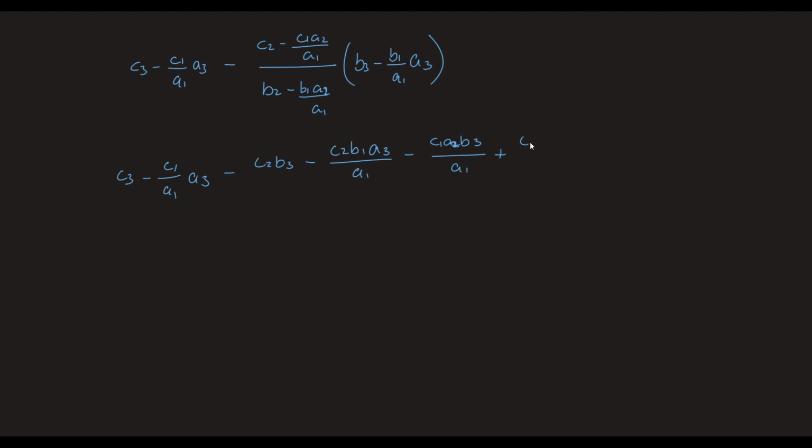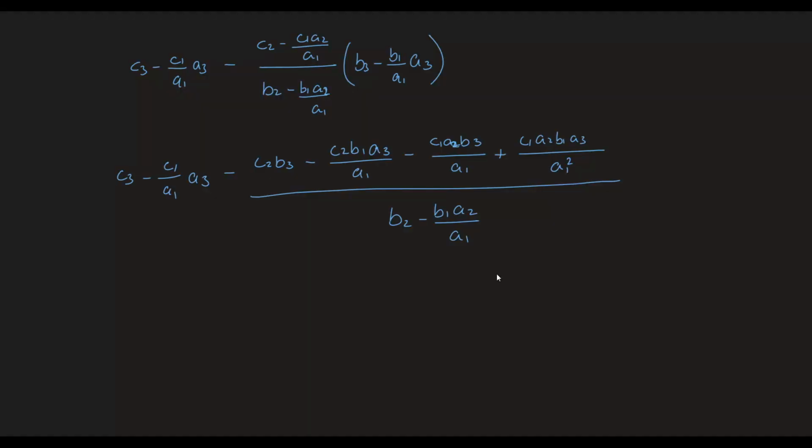Double check that's right, yeah. But we've also got A1 and A1 here, so now it's going to be over A1 squared instead of just A1. And all of that is over B2 minus B1 A2 all over A1.